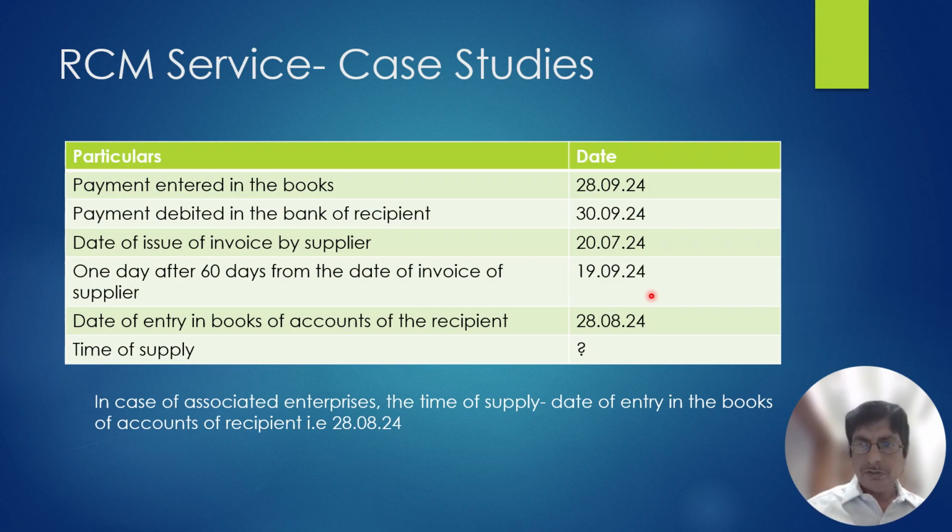In that case, we need to consider the date of entry in the books of accounts of the recipient. That is 28 August 2014. So that is the time of supply.